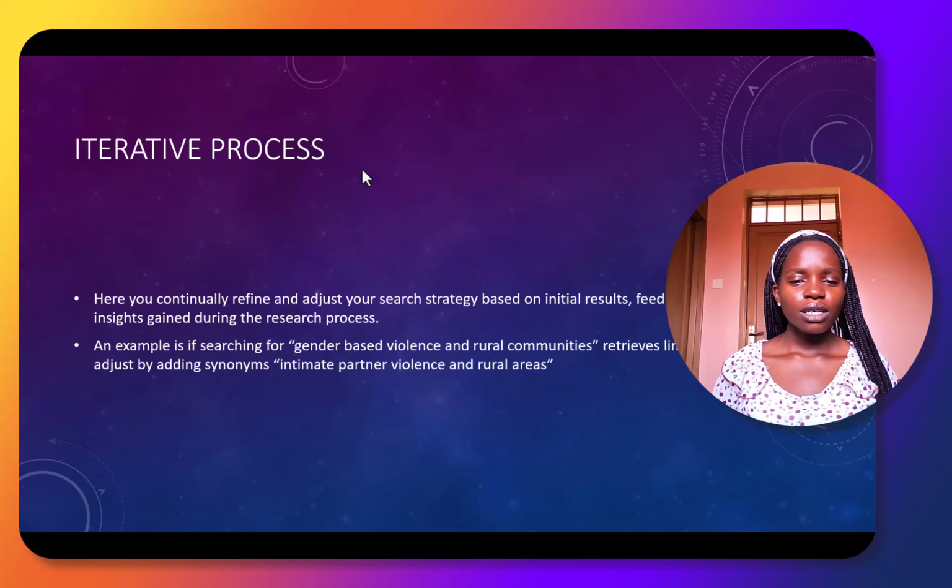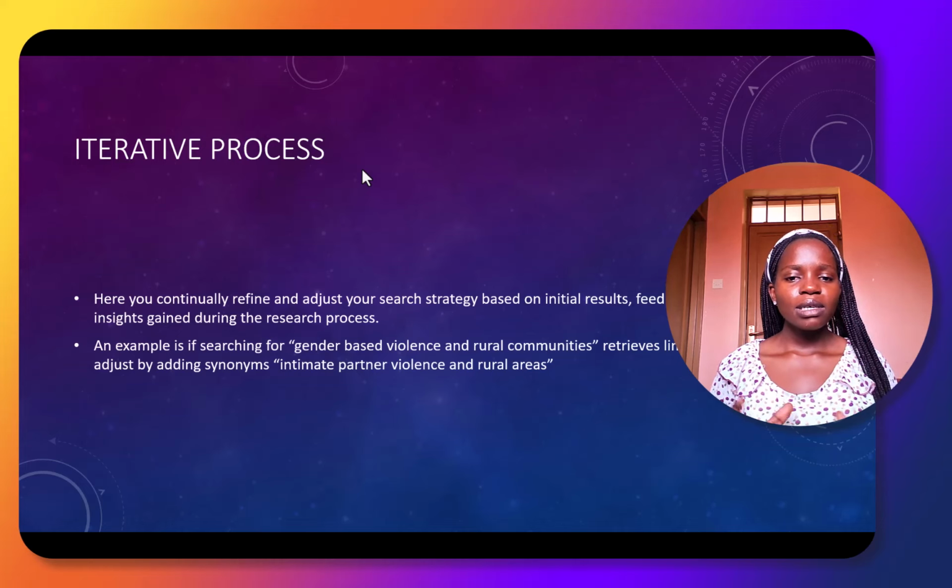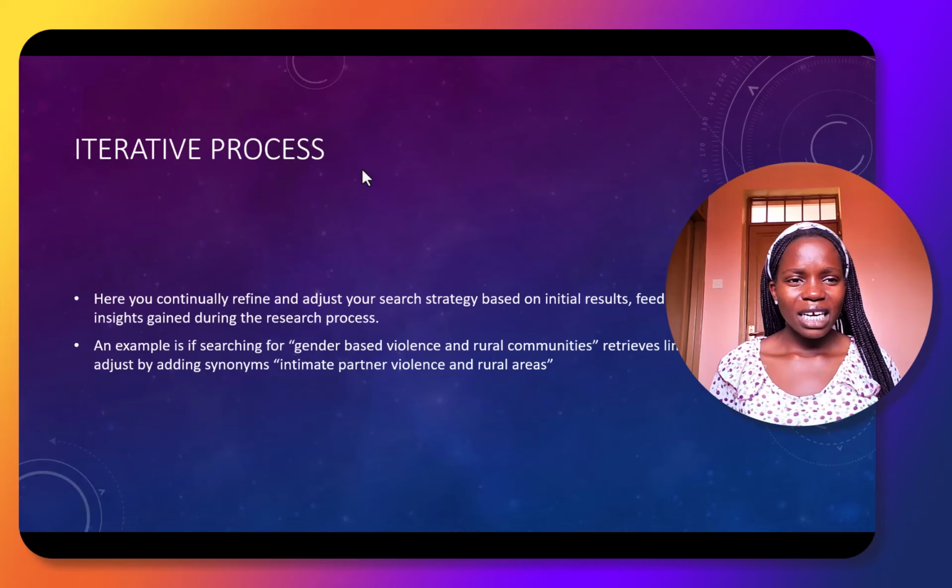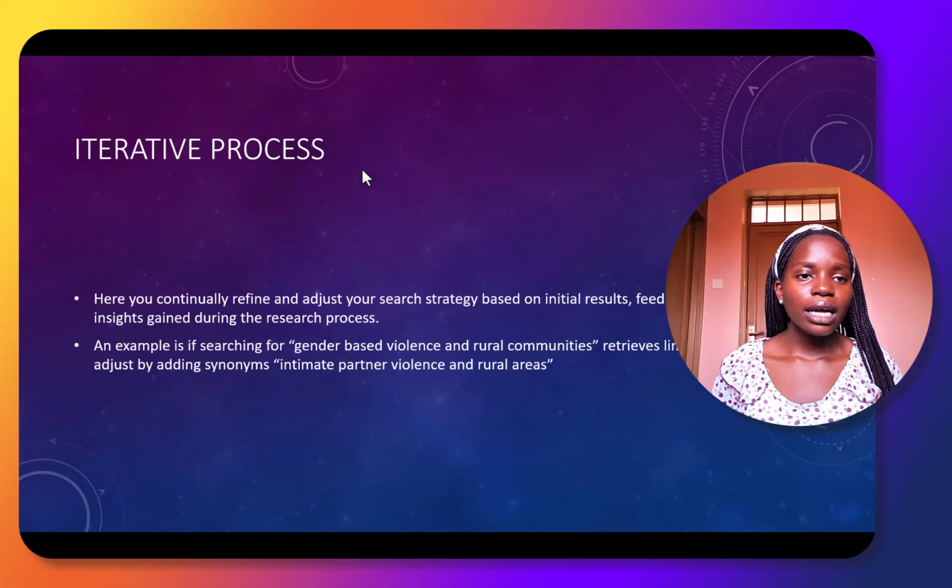So you think of something that is related to your topic: gender-based violence and rural communities. You find out that intimate partner violence and rural areas is related to what you're looking for. So this iterative process will help you to get more information on a topic that you want, in case you use the exact words but get limited results.